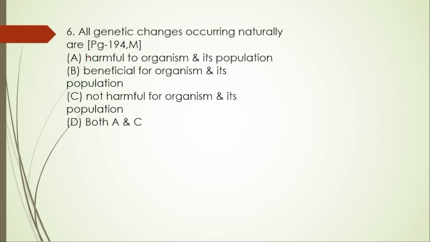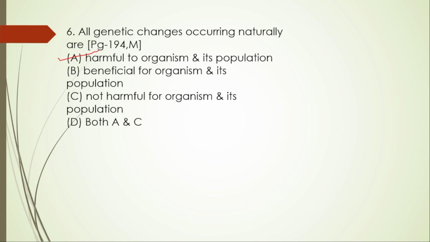Next, the sixth question. All the genetic changes occurring naturally are A, harmful to the organism and its population, B, beneficial for the organism and its population, C, not harmful for the organism and its population, D, both A and C. So here the right option is option A. Naturally occurring genetic changes mean mutation, I can say, isn't it?